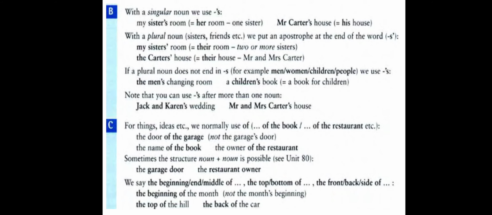The top of the hill. We don't say the hill's top. The back of the car. We don't say the car's back. We say the back of the car. We use of here.